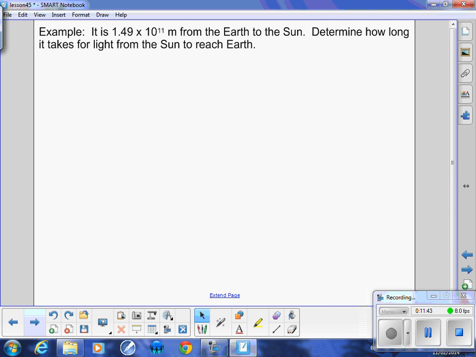So, second example: it's 1.49 times 10 to the 11th meters from the Earth to the Sun, the distance from Sun to Earth. How long does it take light from the Sun to reach the Earth?